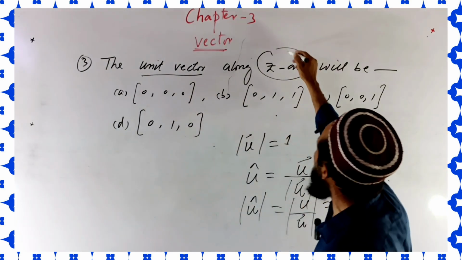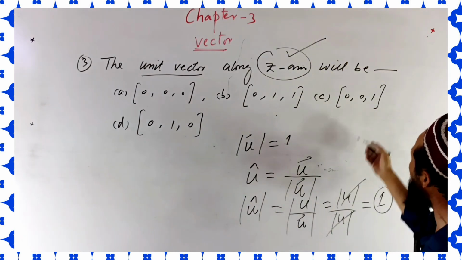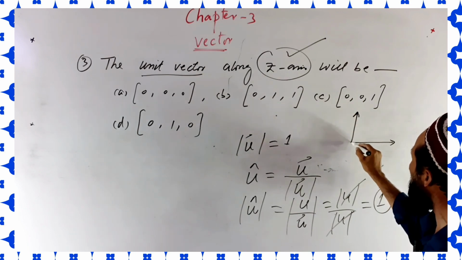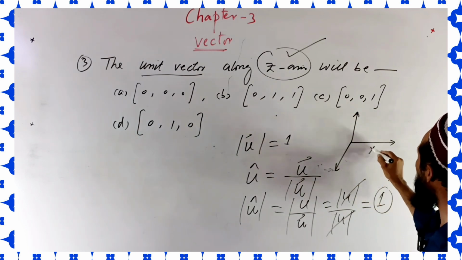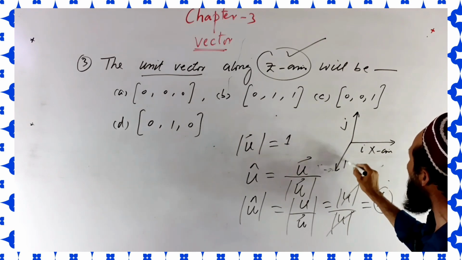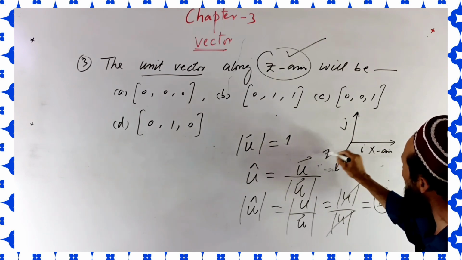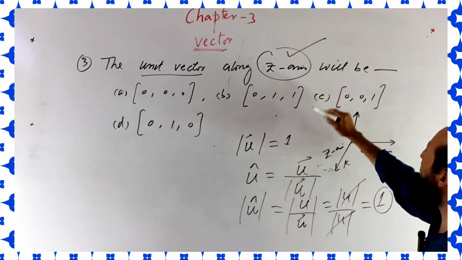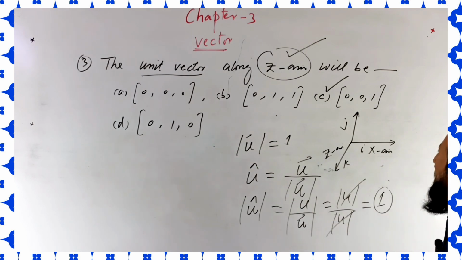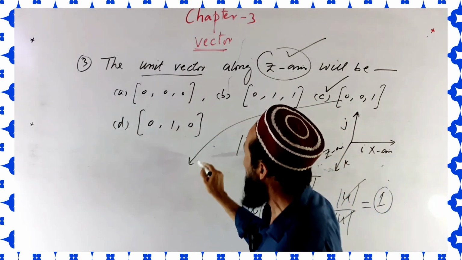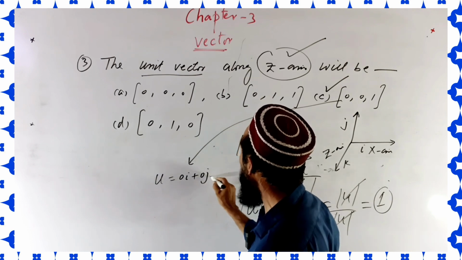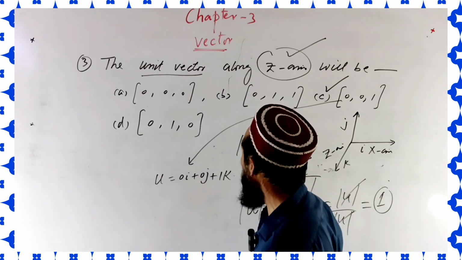But in this question, the direction is along x-axis, y-axis, z-axis, that is I, J, and K. So in this direction, z-axis, we can write the correct answer is C, because the unit vector u is equal to 0i plus 0j plus 1k.